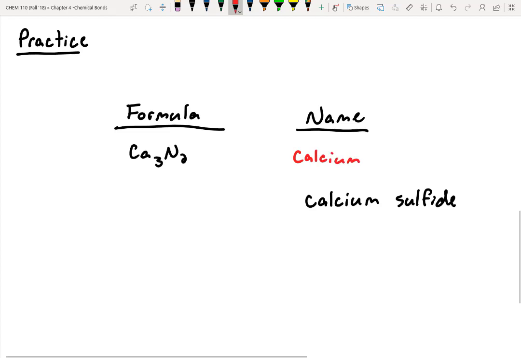And we've got nitrogen as our anion, and we want an IDE suffix, so what would we call this? Calcium nitride. So the key thing to remember is swap out that suffix to an IDE suffix that indicates that it's ionic.